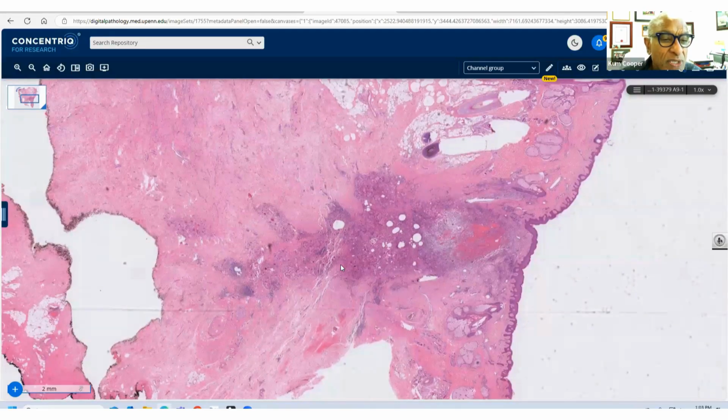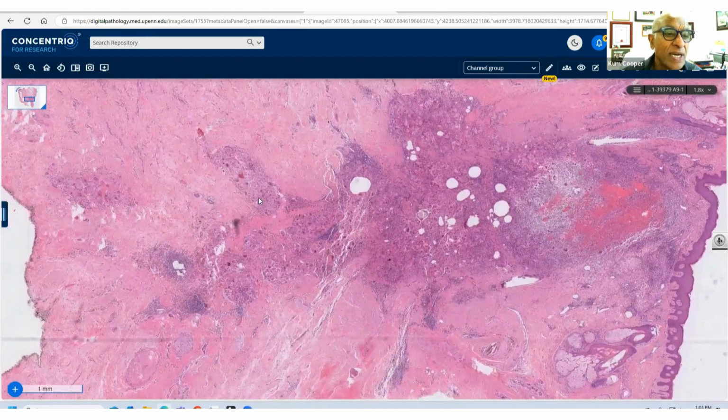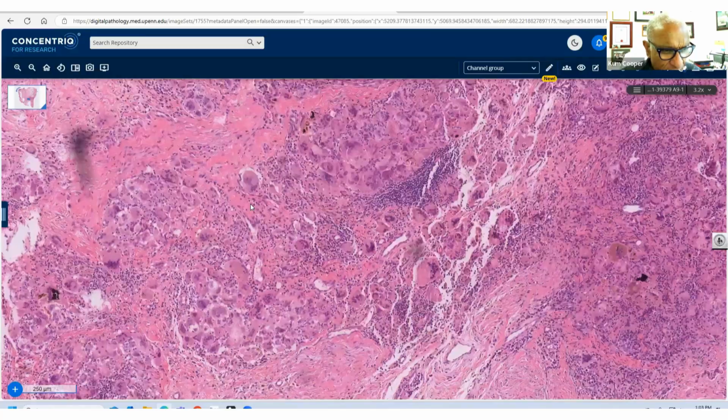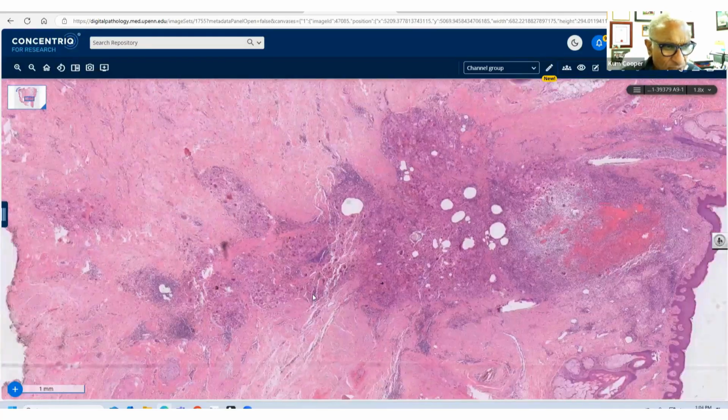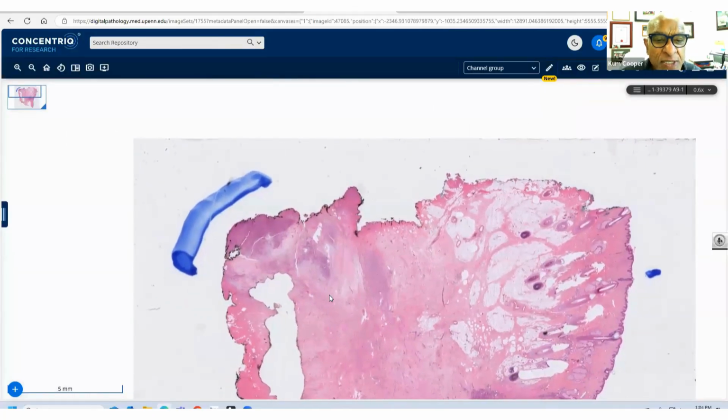So these are all post-surgical site changes, multinucleated giant cells, and even some foreign material. But that's not what I want to show you, because when they went back to excise this, there was still residual tumor. And these are right at this corner, and you can see it's right at the ink, unfortunately.